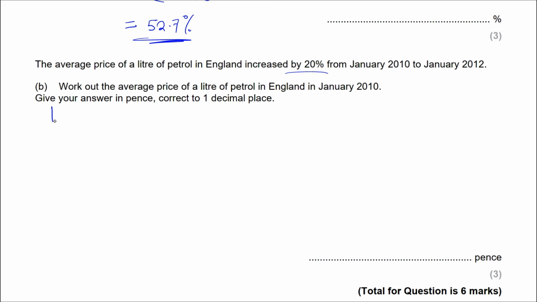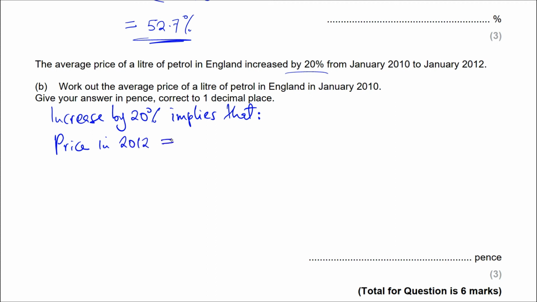So an increase by 20% implies that the price in 2012 will be equal to, because January 2010 represents 100%.